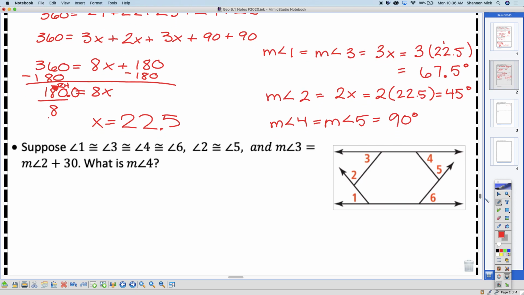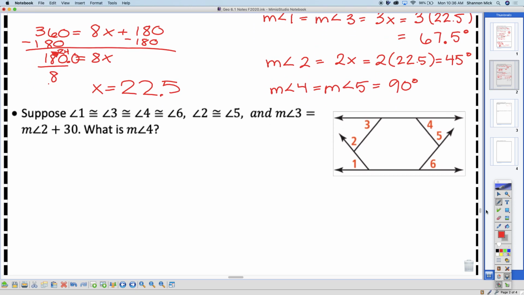Okay, so now here's another one. Suppose, I fixed it up here. Look at your paper, there was a typo. Where's your typo on this one? It says angle 1 is congruent to angle 3, which is congruent to angle 4, which is congruent to angle 6. What's extra on your paper? After angle 6, it says equals 3x. Right, so scribble out that equals 3x. That should not be there.